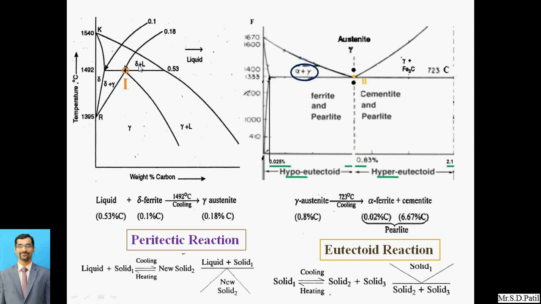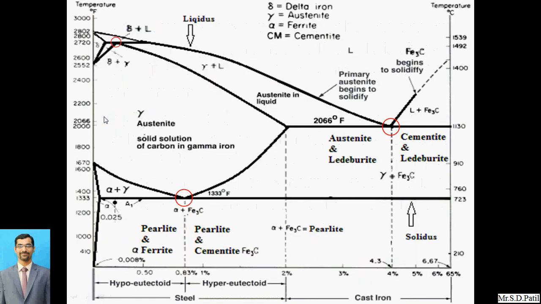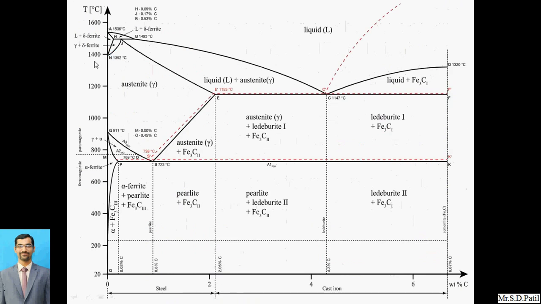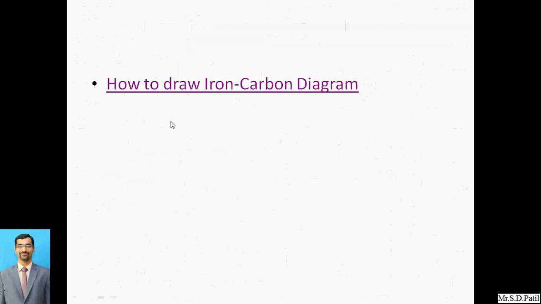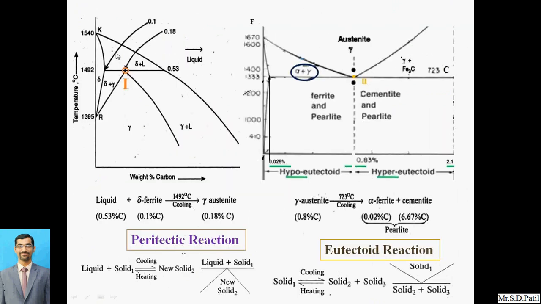This portion will be delta plus liquid, and here will be the austenite. So for the upper portion, you just refer to this particular portion of the Fe-Fe3C diagram that has been expanded for the peritectic reaction. So this will be expanded over here.